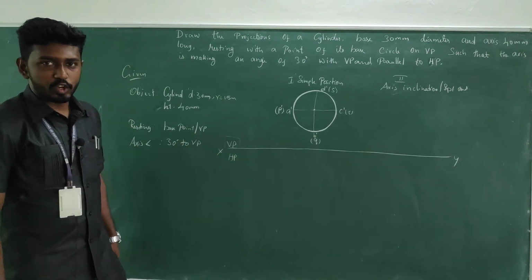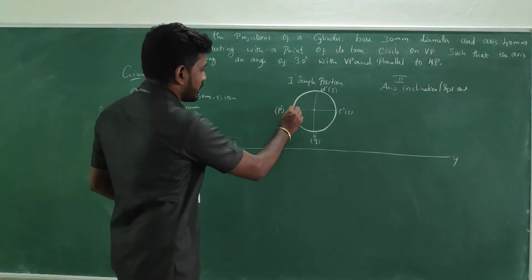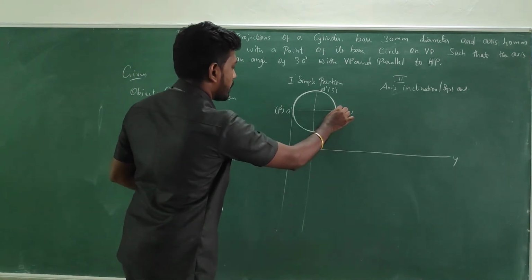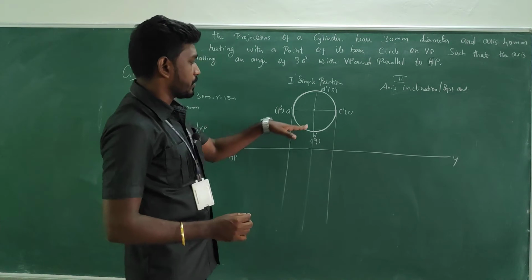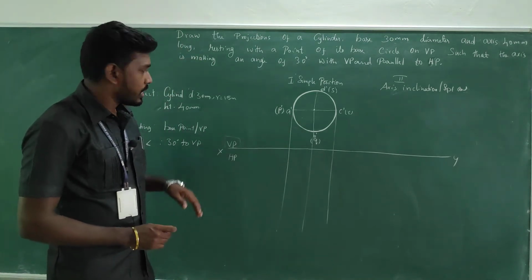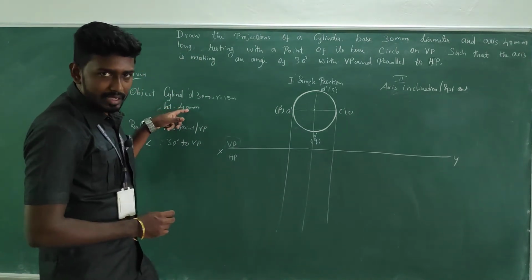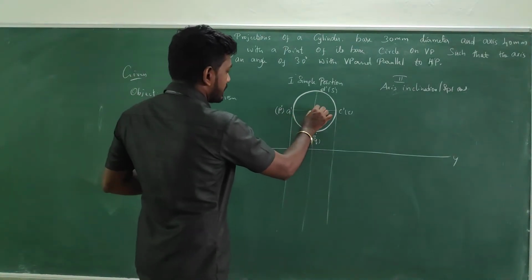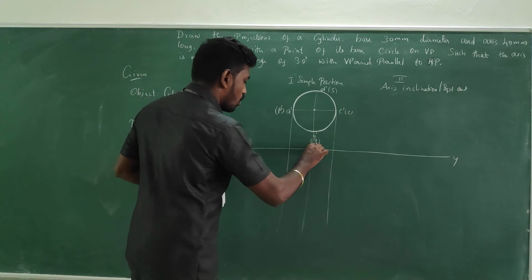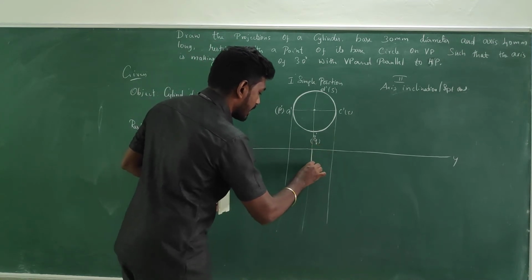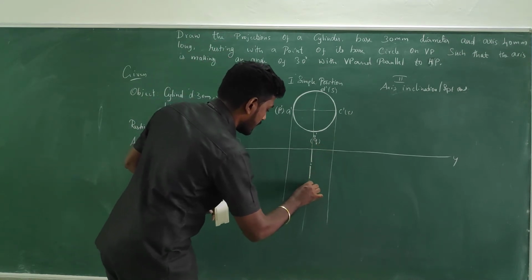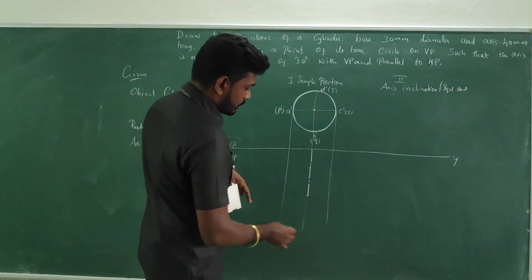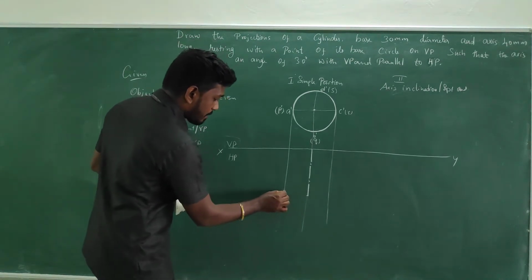Next, the top view. How will you get it? By taking projectors from the points on the circumference of the circle, something like this. The axis height is given as 40 mm. See, this is the center, so the axis of the solid is coming here. Take the measurement of 40 in your compass, go and cut it. Now I have the marking.